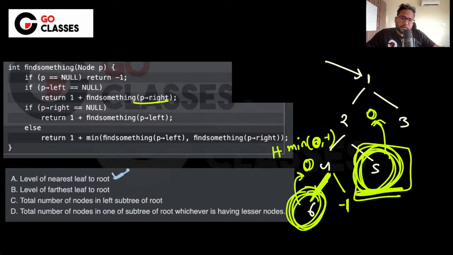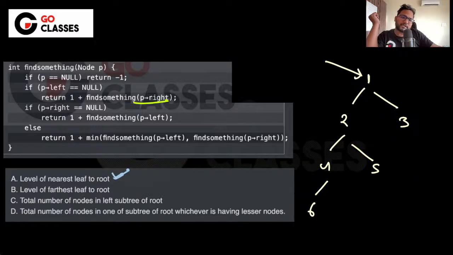So I think this will also be returning -1 plus 1, so it will also be returning 0. Is this correct? This 4 should also be returning 0, because you will be getting -1 from here, right? Sorry. So what will happen if you look at this 4?